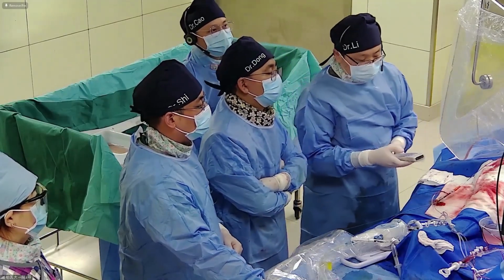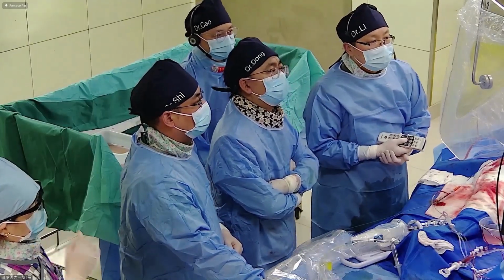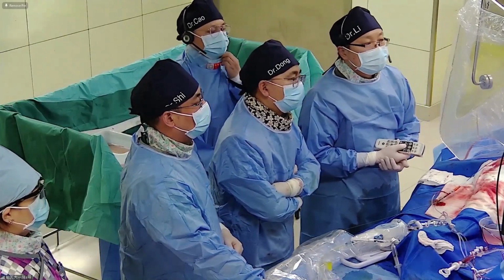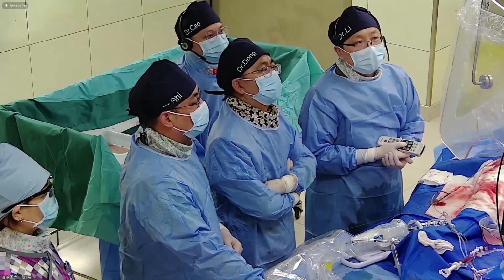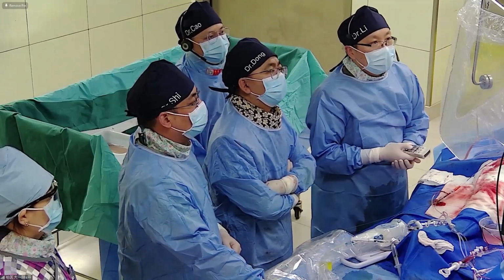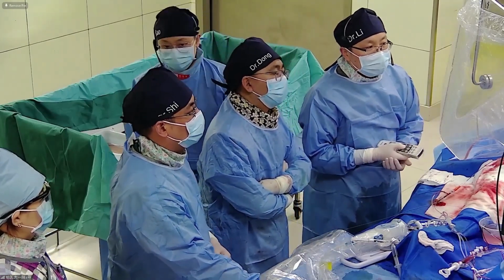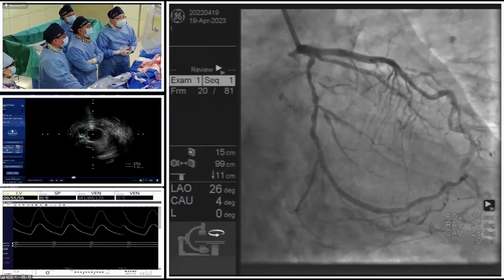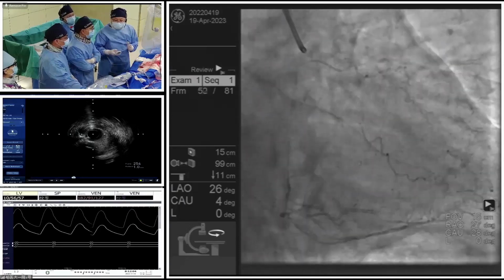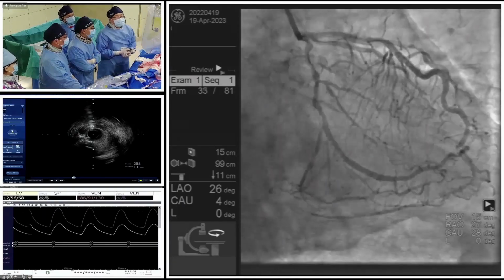So let's see today's angiogram. We can see the circumflex is still patent, but with a lesion. So firstly, we use QFR to assess the functional flow.